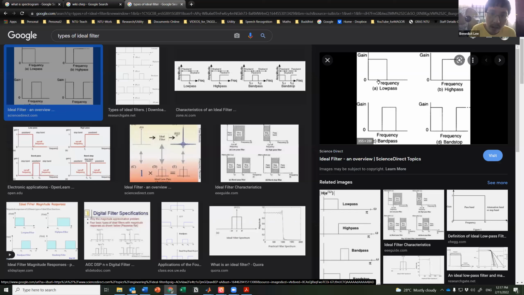At this frequency, what happened? It passes through. At low frequency, it passes, right? At high frequency, it becomes 0. So this is called a low pass filter.